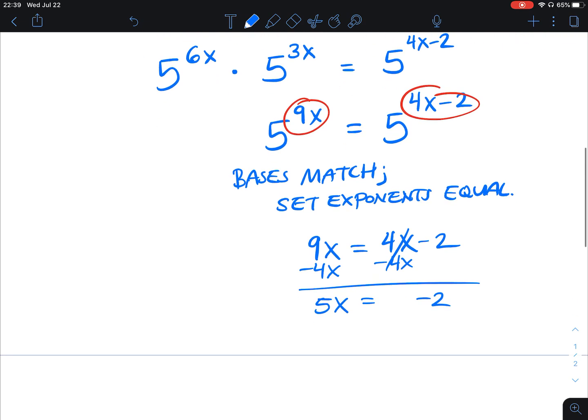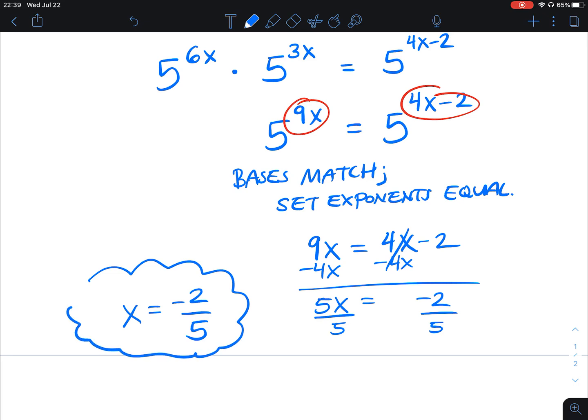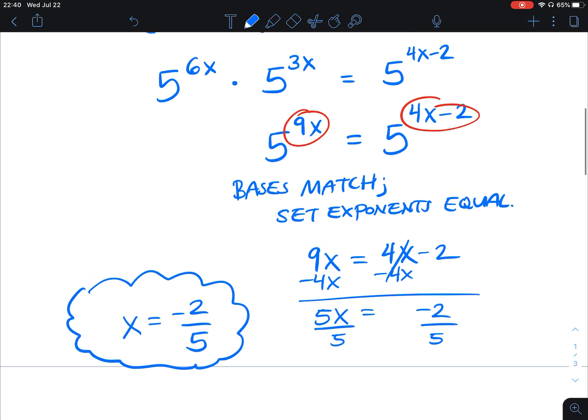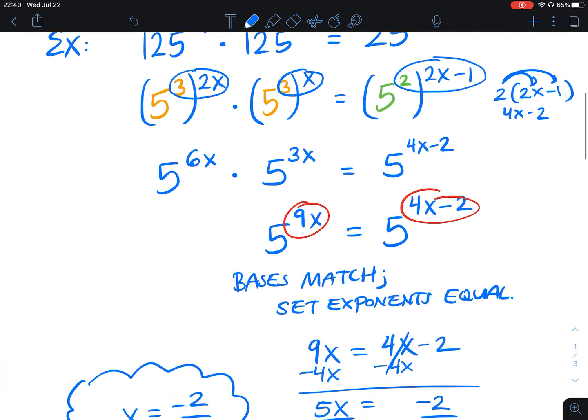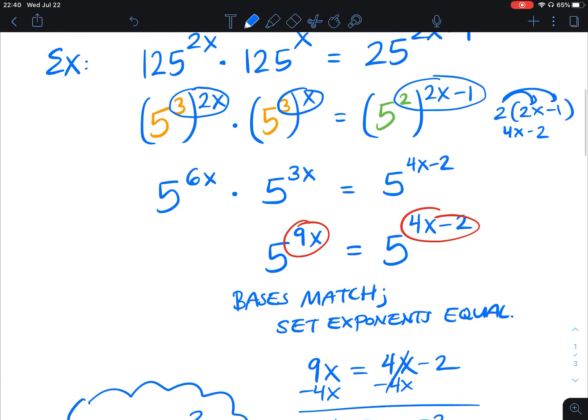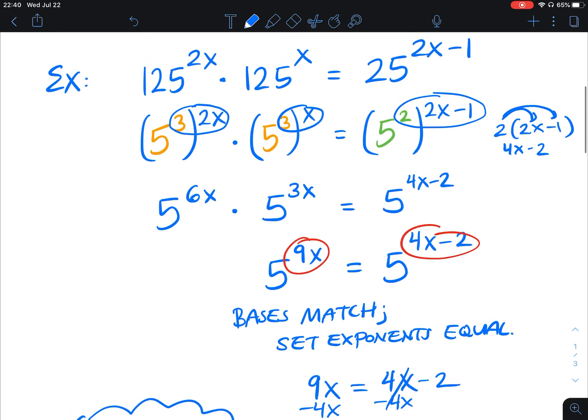Divide by 5, and we're going to sneak in our solution right here. Looks like we're getting x equals -2/5. That would be the solution to the given exponential equation. You are welcome to plug that in and check your work. I'll leave it to you guys, for those of you who like to check. It's always a good idea.